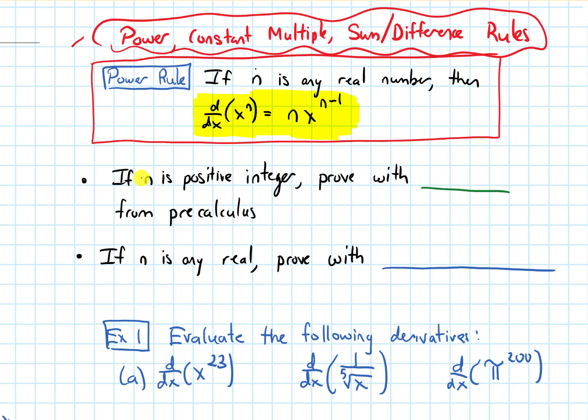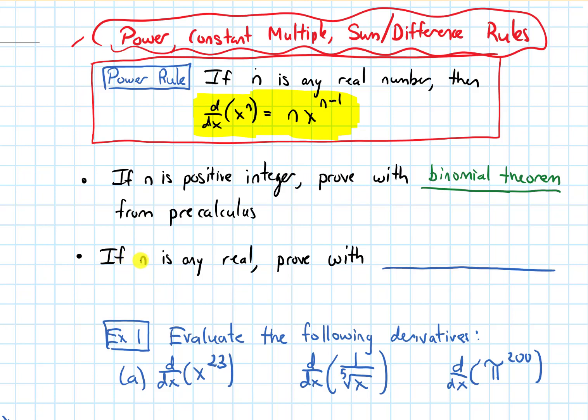In the case where n is a positive integer, we can prove this with what's called the binomial theorem from pre-calculus. Due to time, I'm not going to do that in our lecture videos. I want to focus more on being able to apply this formula.